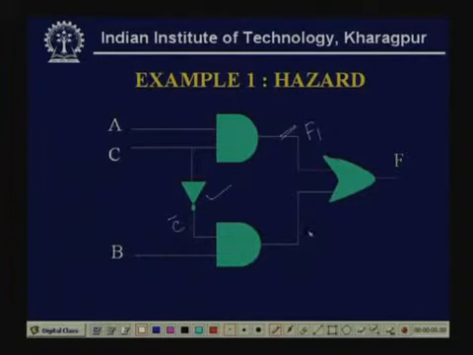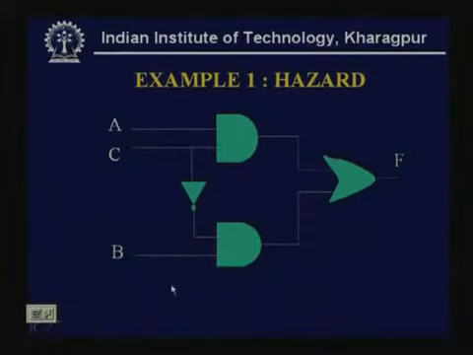So F2 will be there, but think that when F1 is available, at that time some signal value is available in this line, that means the second input of the OR gate. Whether it is a correct F2 or not, we will see, and if it is not a correct F2, then it will give a problem, and we say this is the hazard of the circuit.